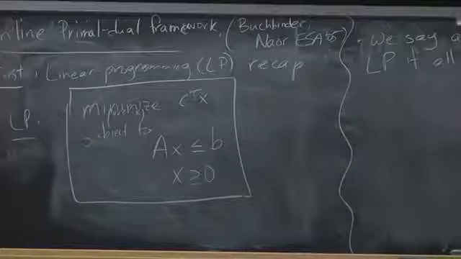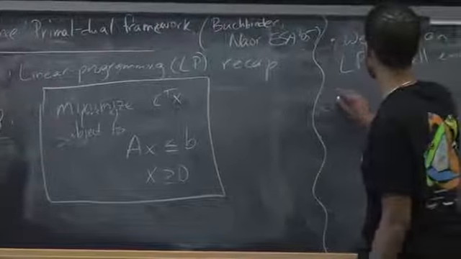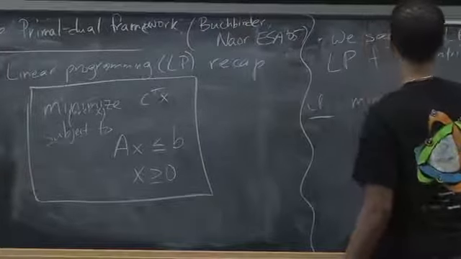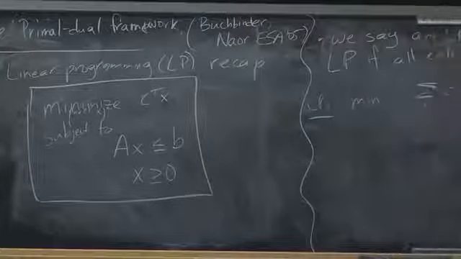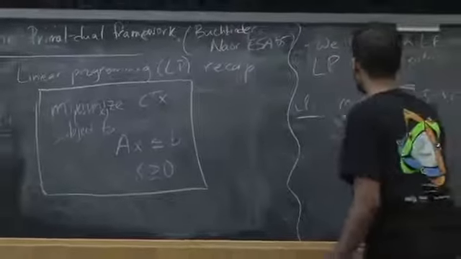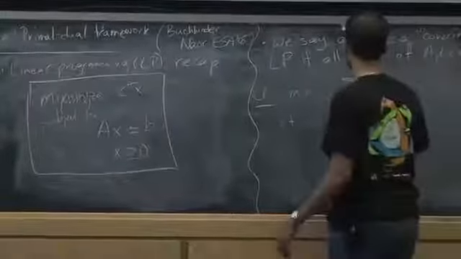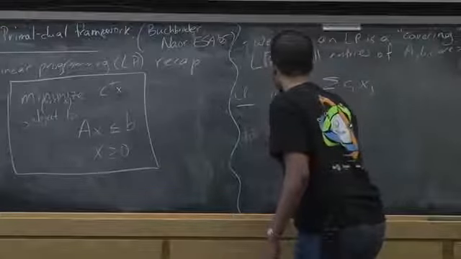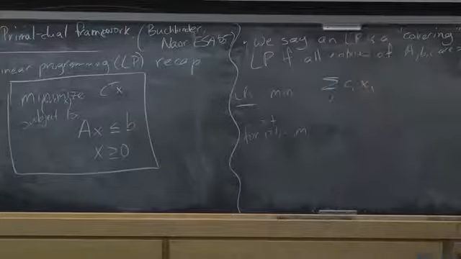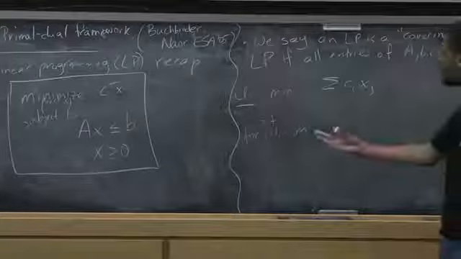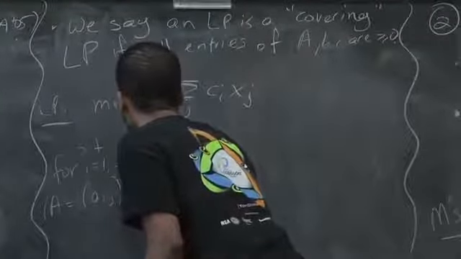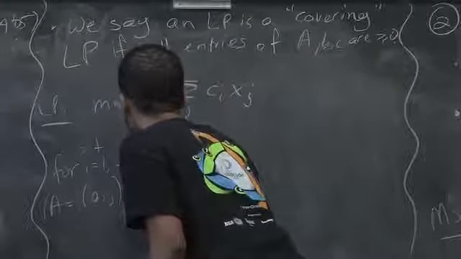So let's write this out. We have our LP, which says we want to minimize the sum over j of Cj xj, such that, remember, think of A as being an m by n matrix. Here we have A being the matrix Aij, where i goes from 1 to m, and j goes from 1 up to n.